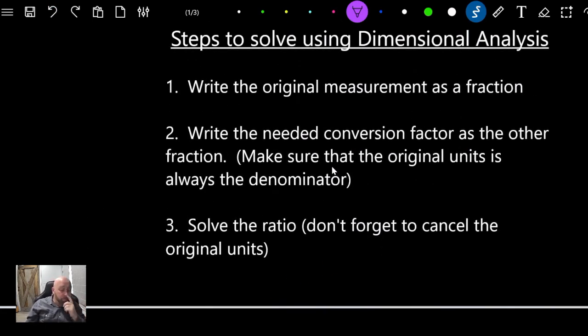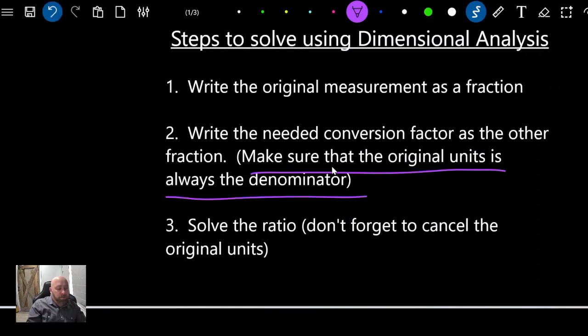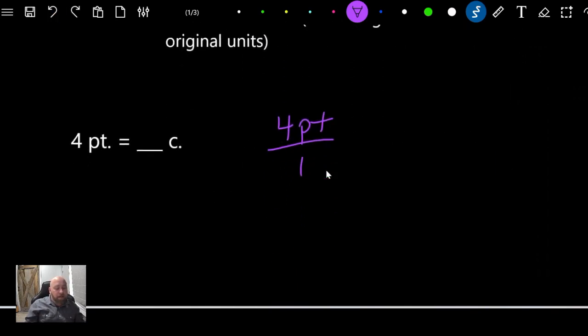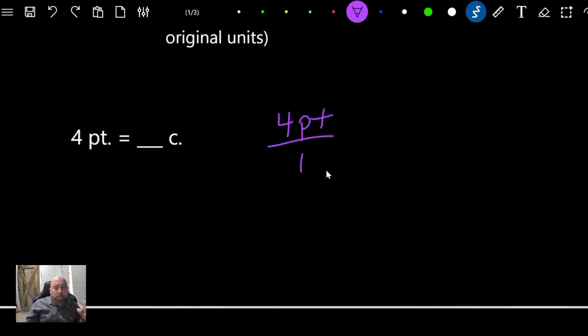All right, number 2. The second thing that we need to do is we need to write the needed conversion factor as the other fraction. Notice it says make sure that the original unit is always the denominator. So we want to come back here and say how many cups in a pint? How many pints in a cup? It could be bigger or smaller. It doesn't matter.